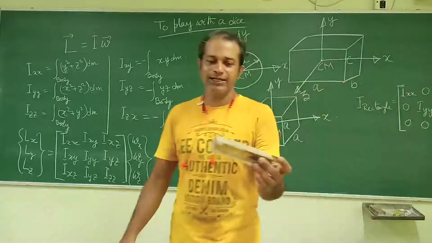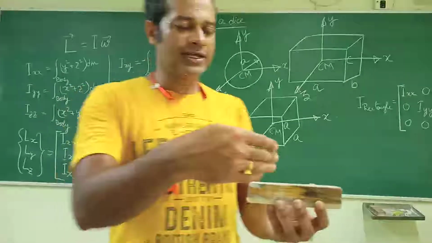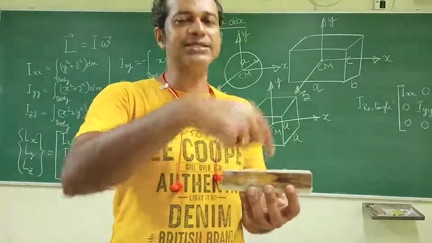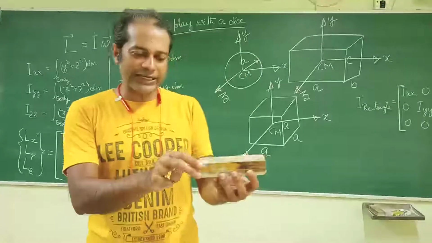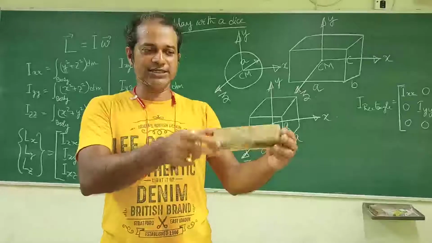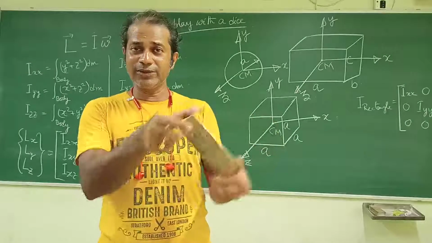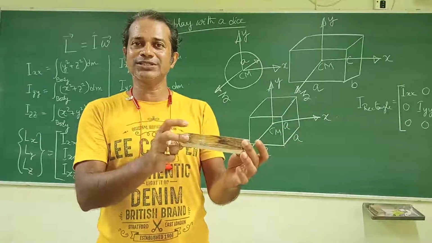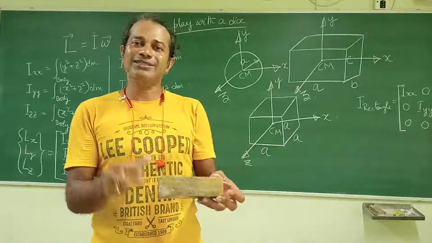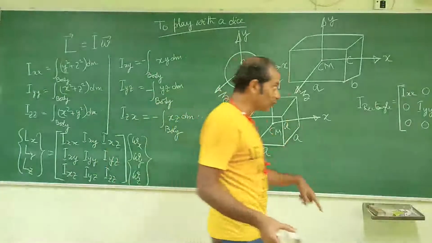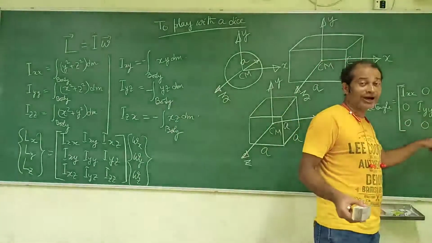Now, for this duster, let us define that this is my x axis, this is y axis, and this is z axis. So, for the x axis, the rotation is like this. The resistance is less than rotating about this and rotating about this. So, Ixx is less, but Iyy is equal to Izz, and they are quite higher.